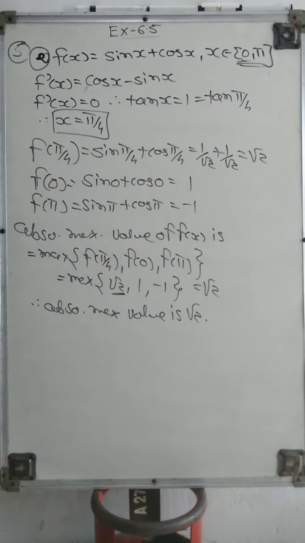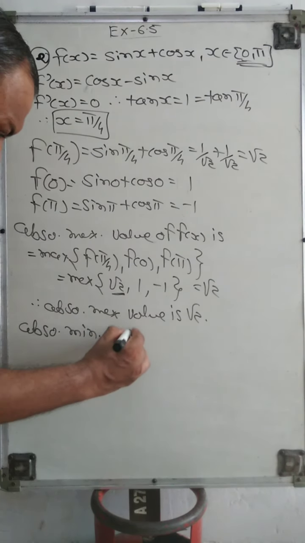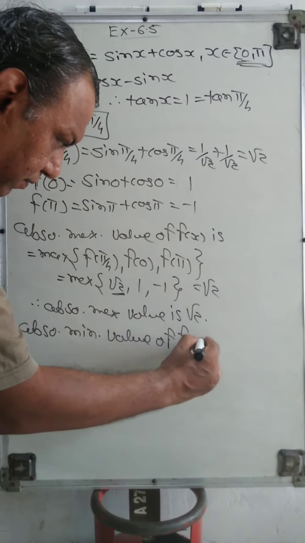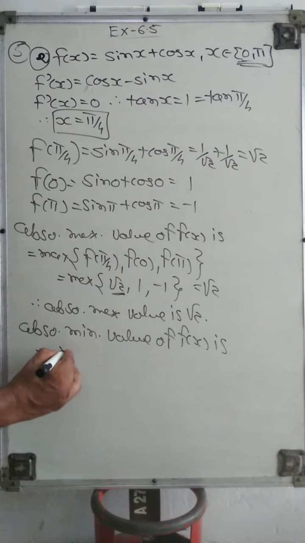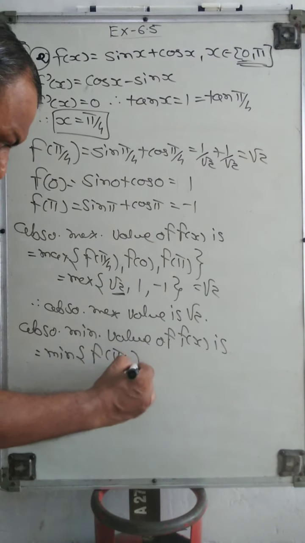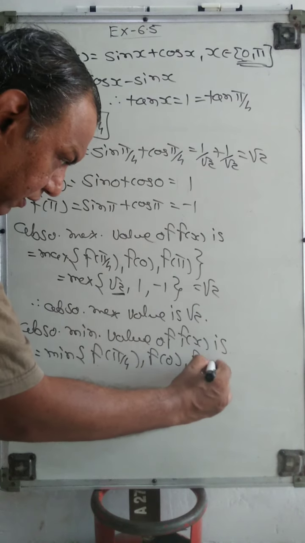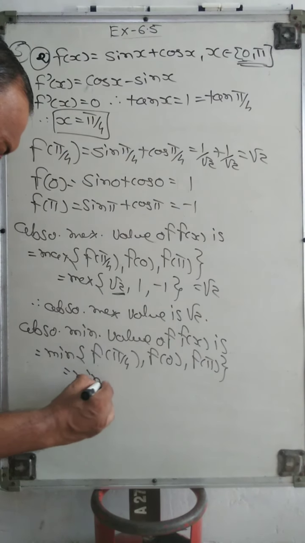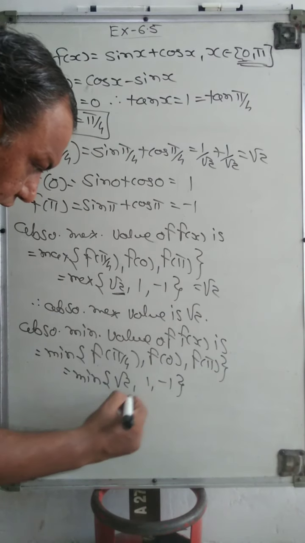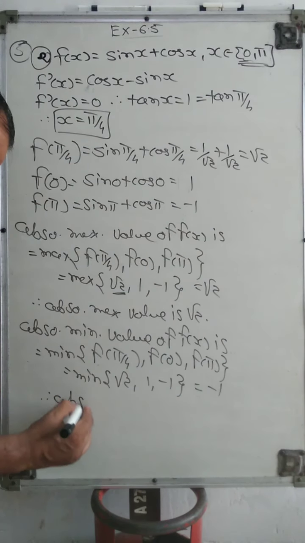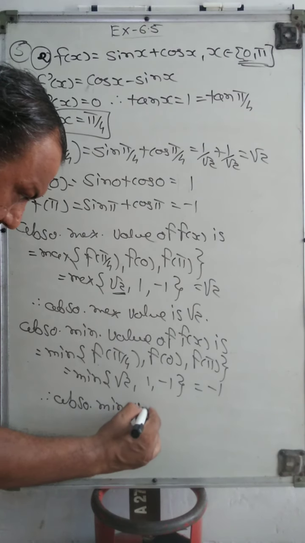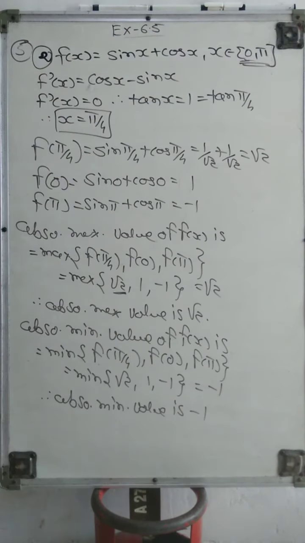Now for the absolute minimum value of f(x), it is the minimum value of root 2, 1 and -1. It is -1. Therefore the absolute minimum value is -1. So this way the absolute maximum value of f(x) is root 2 and the absolute minimum value is -1.